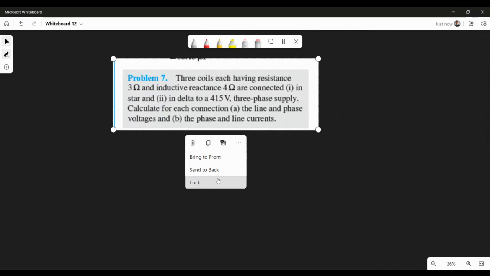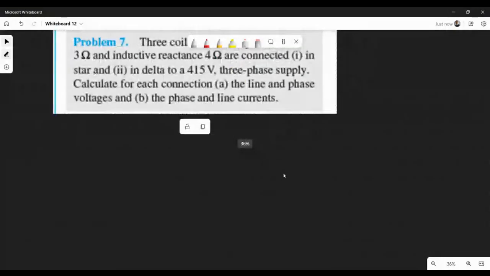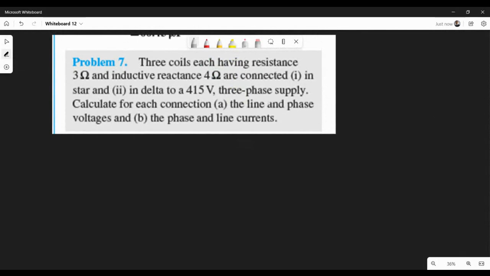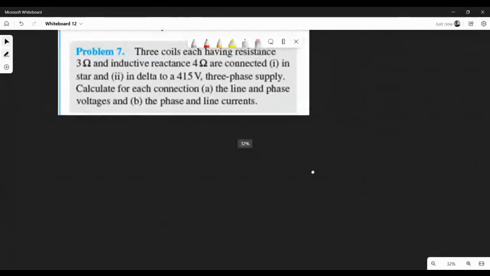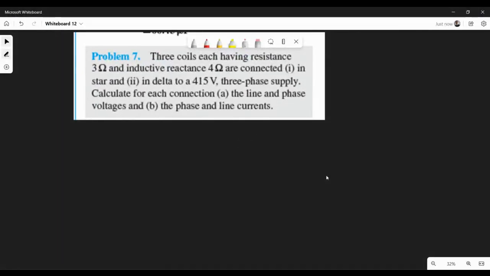What are they asking here? We have 3 coils having a resistance of 3 ohms and an inductive reactance of 4 ohms, connected 1 in star and 2 in delta. For each connection, you must calculate your phase current and your line current.